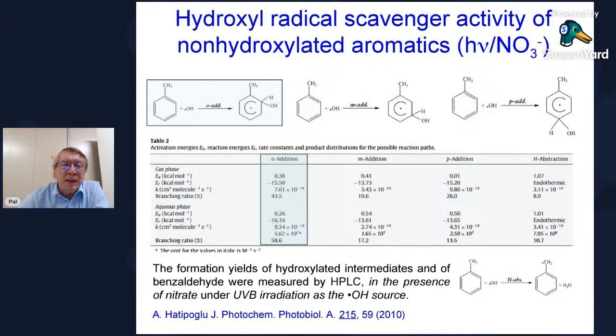However, these products seem to be the main products formed under the experimental conditions in which the hydroxyl radicals were generated by means of UV irradiation in the presence of nitrate ions.